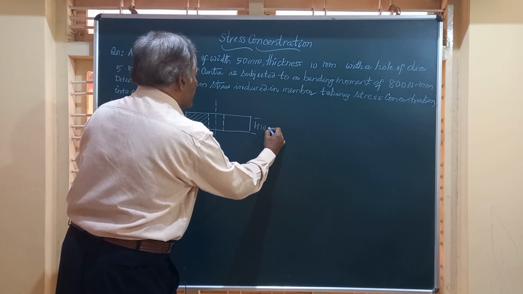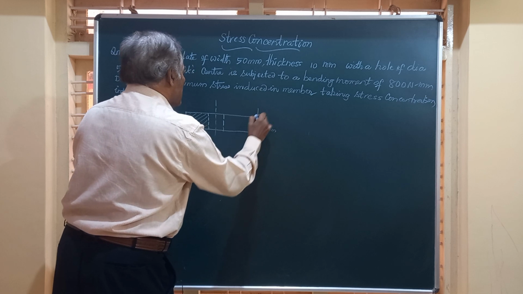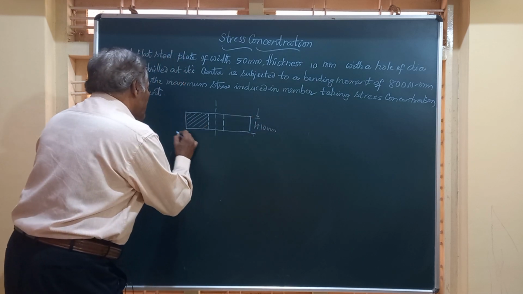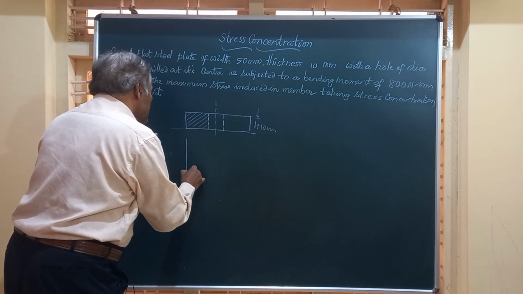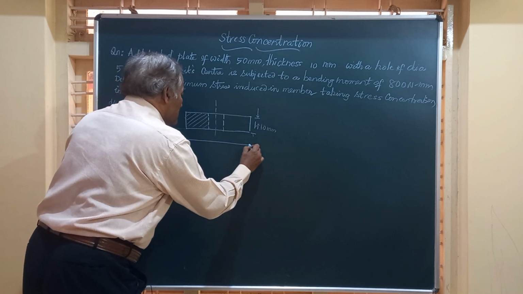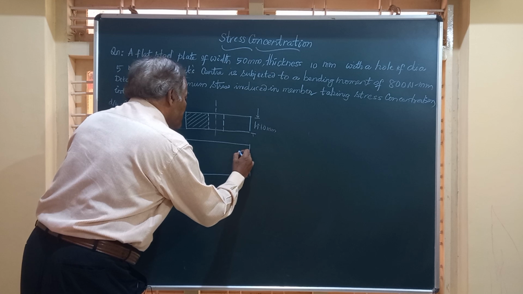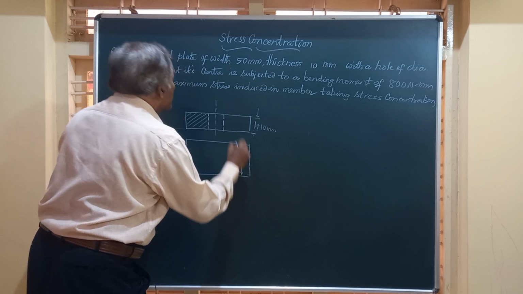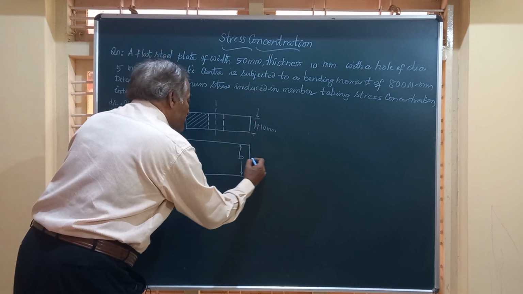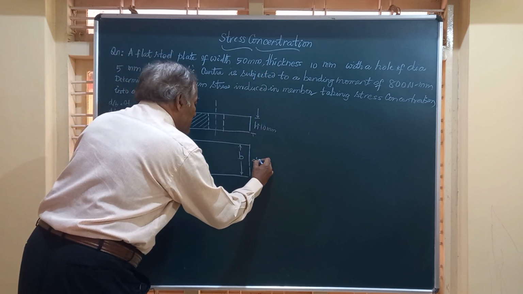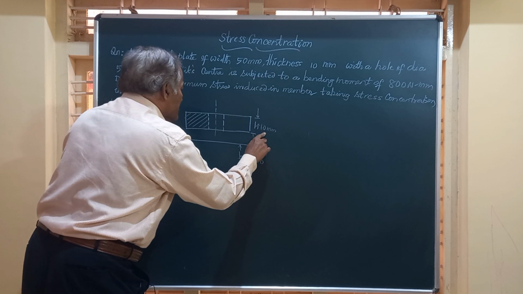You have the top view like this. The width of the plate, which we call B, is given to be 50 mm, and the thickness is 10 mm.